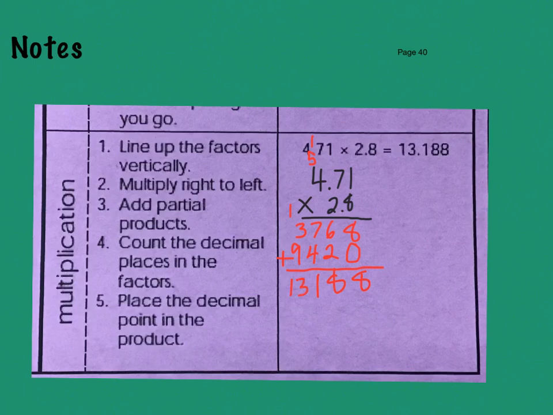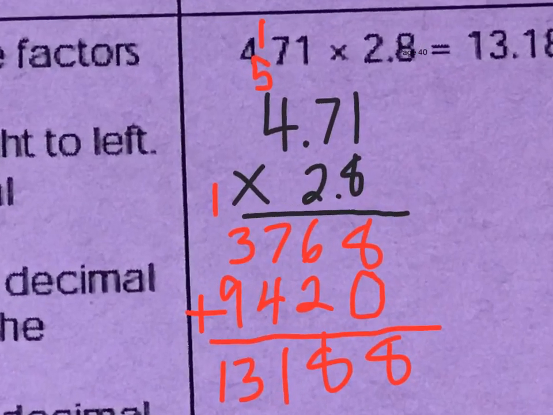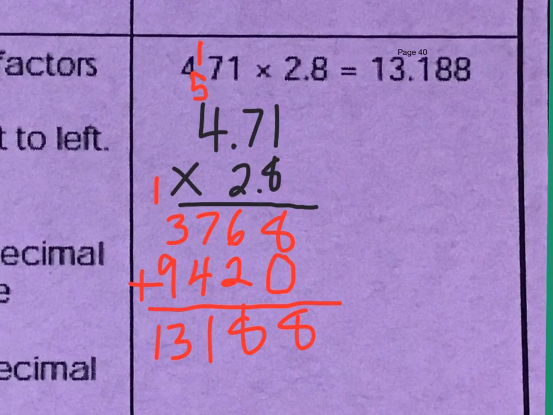Now this is where it gets different when you're dealing with decimals than regular multi-digit multiplication. You're going to count the decimal places in the factors. So that's talking about up here. So watch very carefully what I do. I'm going to zoom in a little bit to this so you can see it better. I am going to even change colors because I want you to see what I'm doing. There's 2 places for the decimal there, and there's 1 place for the decimal there.